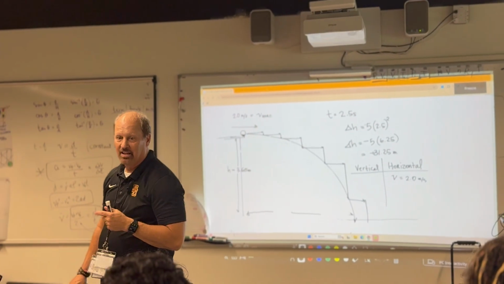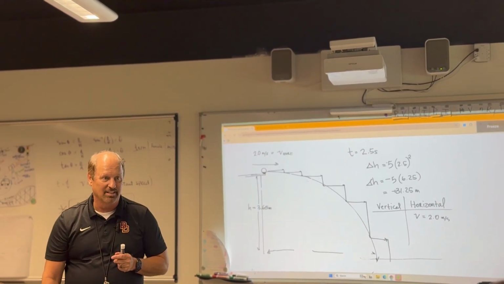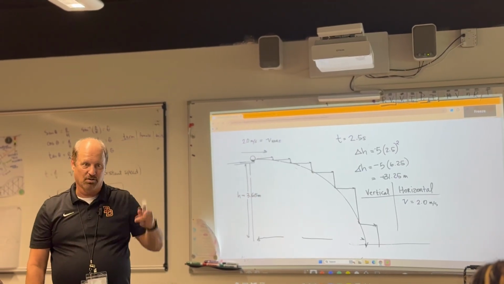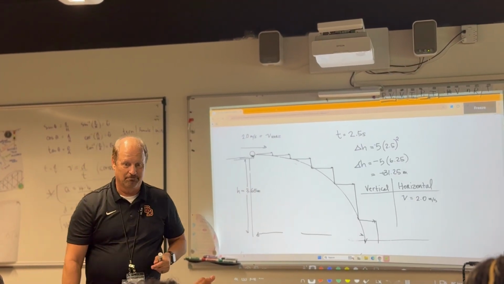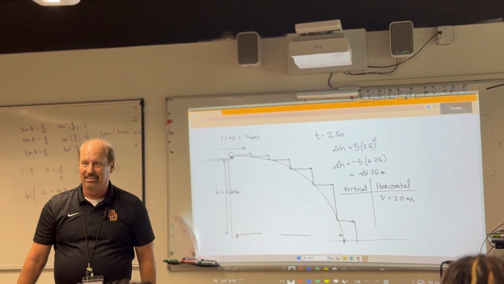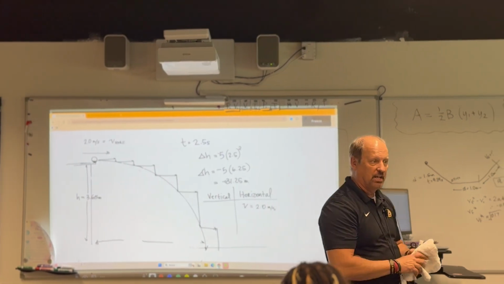So the reason it stays steady is because nothing's changing it. Why does it speed up in the vertical? Because it's being pulled by gravity. There's a massive attraction, universal gravity. We're going to get to that.